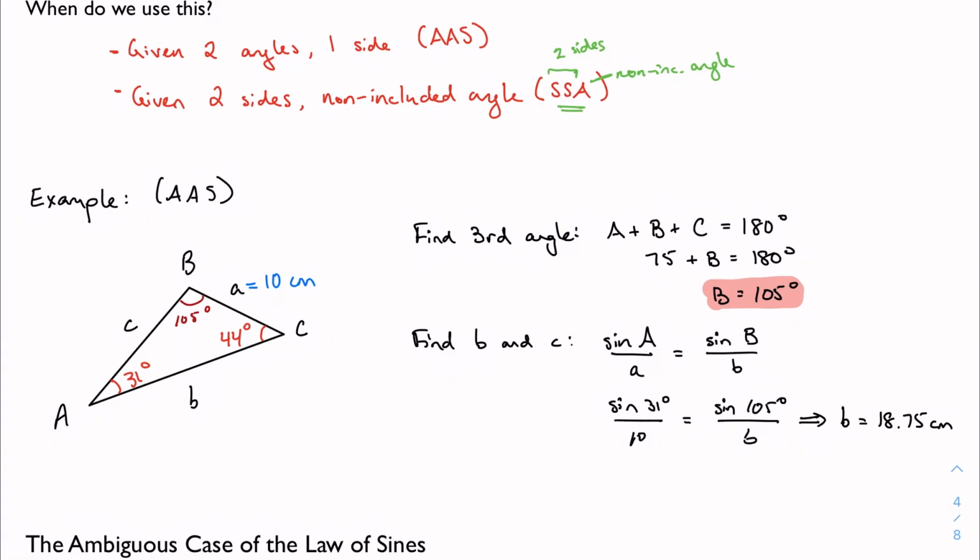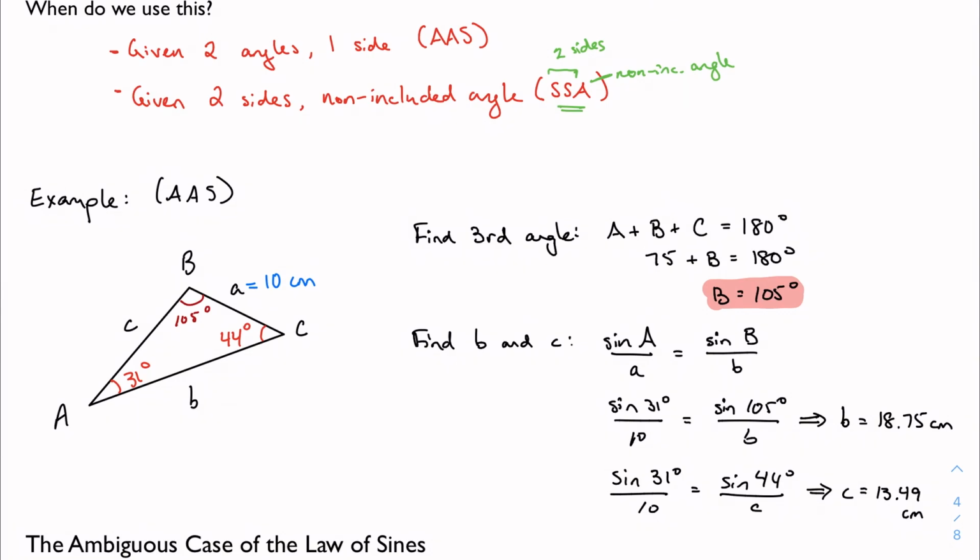I'm going to do the same thing for C. So for C, sine 31 over 10 equals sine 44 over whatever C is. Same thing, cross multiply, and I'm going to get 13.49 centimeters. If I left more room for myself, I'd show that rearrangement out, but I would hope by now that you know how to cross multiply and solve.